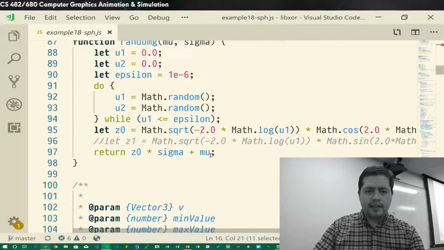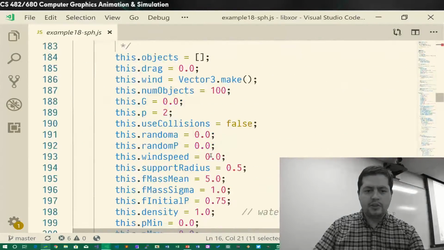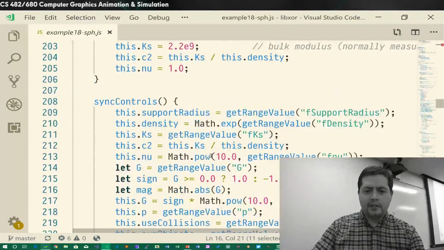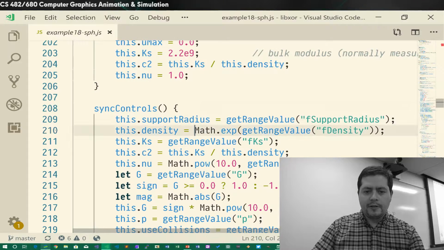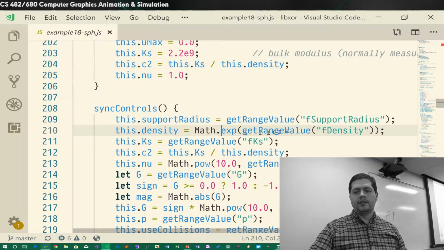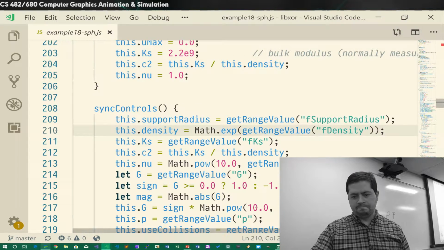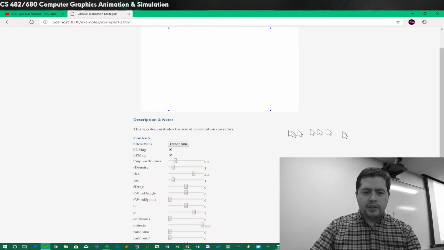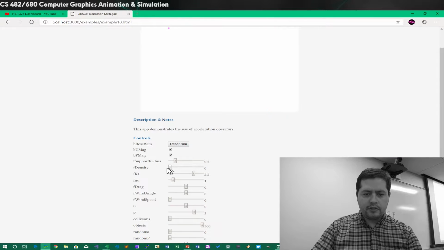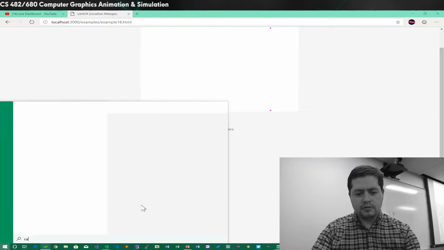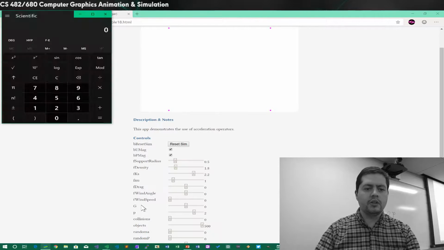Okay, so we have a few things going on. For one, I decided to change the density function. So if I take the exponent of density, we can pass in values anywhere from 0 to 10, okay? 0 to 10, and throw that into our calculator.